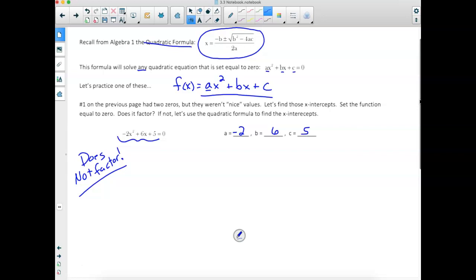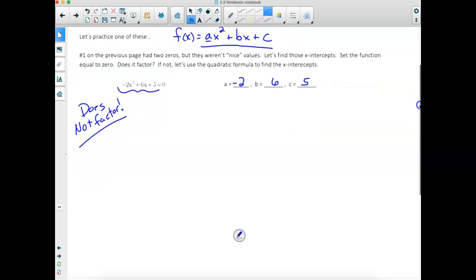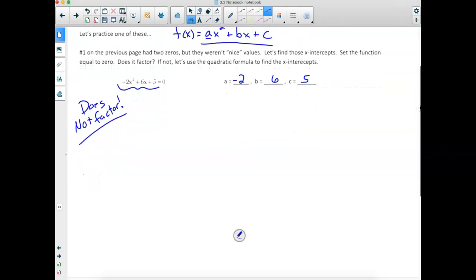Everybody's going to say, well, let's ram this through the quadratic formula. So x equals the opposite of b, which is -6, plus or minus the square root of b squared, which is 6 squared, minus 4 times a times c, all divided by 2 times a.